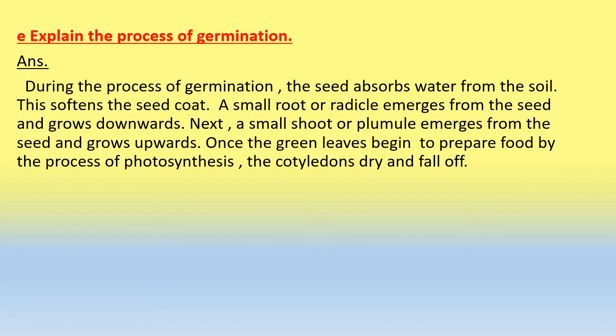Next, a small shoot or plumule emerges from the seed and grows upward. Once the green leaves begin to prepare food by photosynthesis, the cotyledons will dry and fall off. So this is the process of germination in steps.